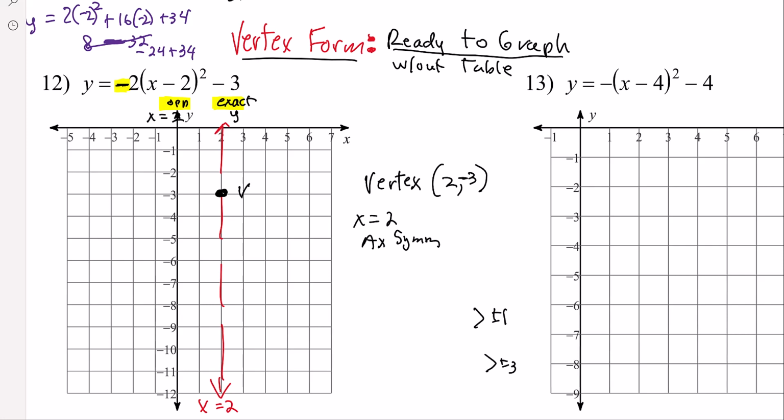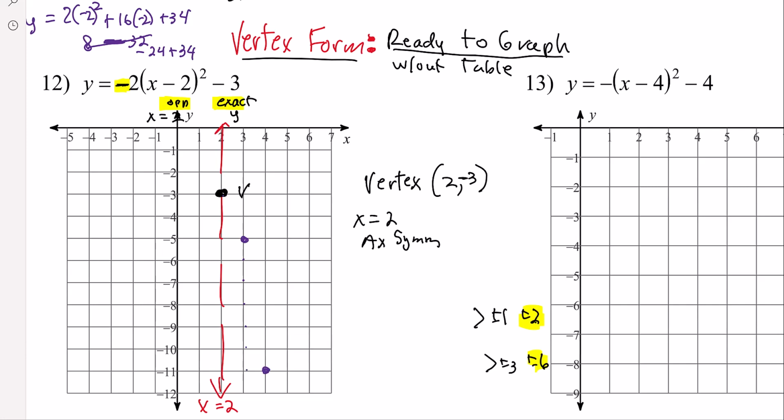But since there's a 2, we're going to go up or down 2, and 2 times 3 will go up or down 6, in this case down. So from right there, we're going to go down 2, and then we're going to go down 6. So from right here, we're going to go down 2 over 1, and then down 6. So 1, 2, 3, 4, 5, 6 over 1.